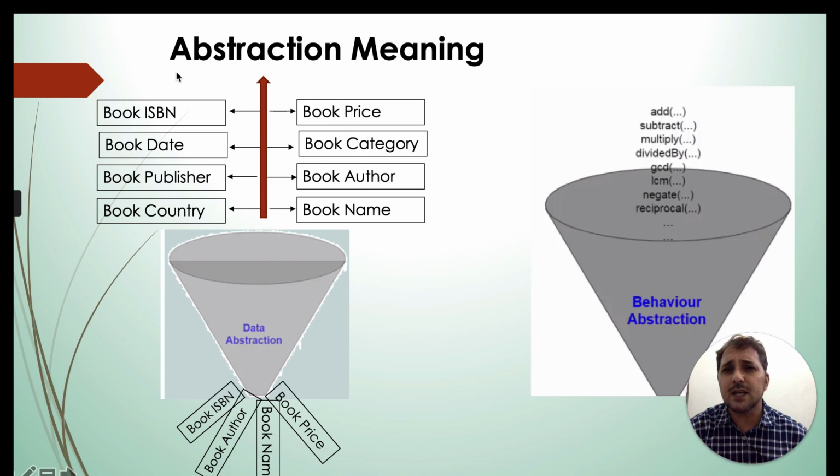When you pass all this information through a filter, you will have to select the important ones that you need at that time. For example, the book ISBN, book author, book name, and book price.